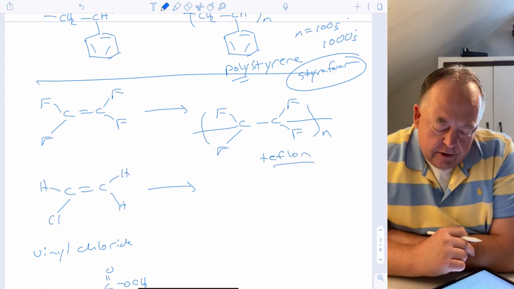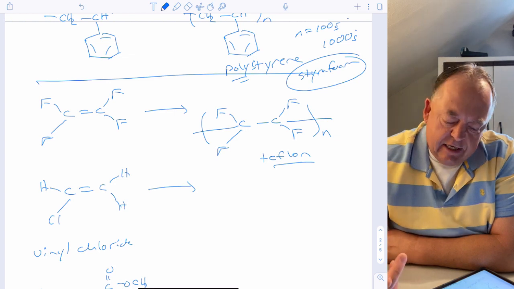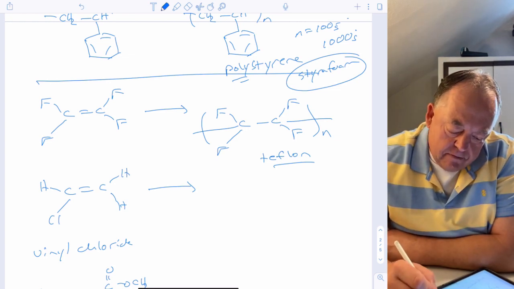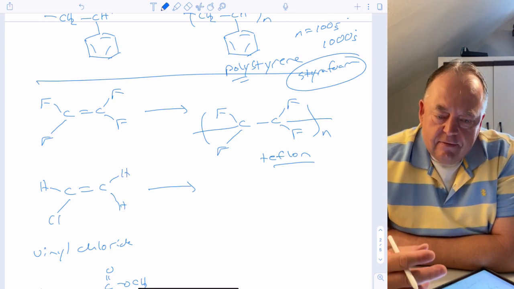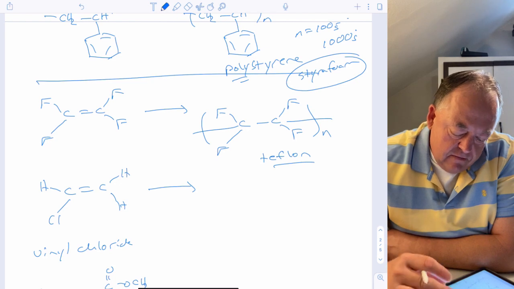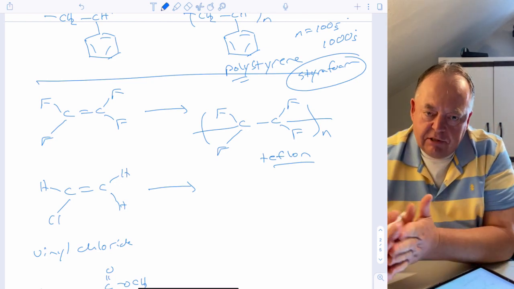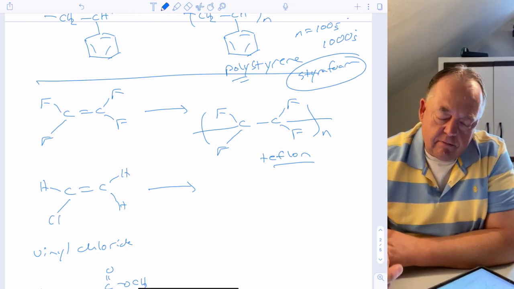So where's Teflon used? That's what you find used in non-stick cookware, a skillet, for example, because nothing likes to stick to Teflon, basically. Water doesn't like it. When you cook things, they don't like Teflon, so it just makes a nice barrier to your surface so that things don't stick to the metal surface.